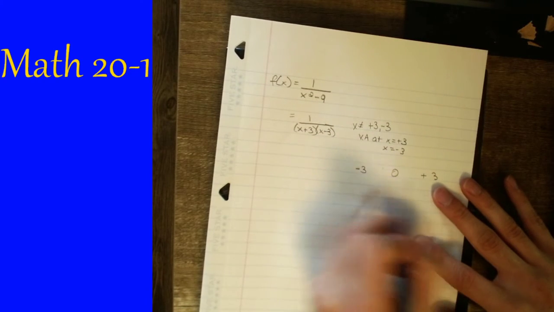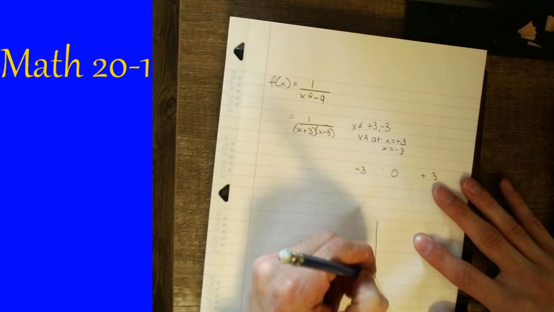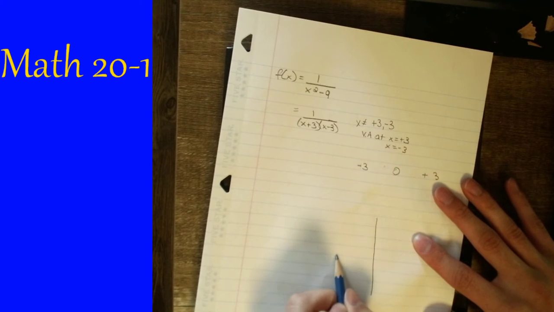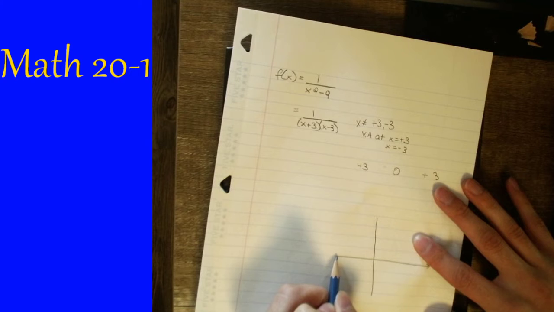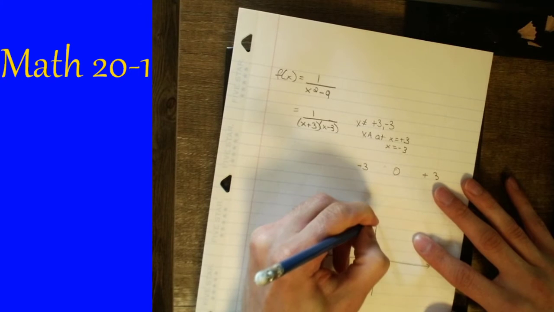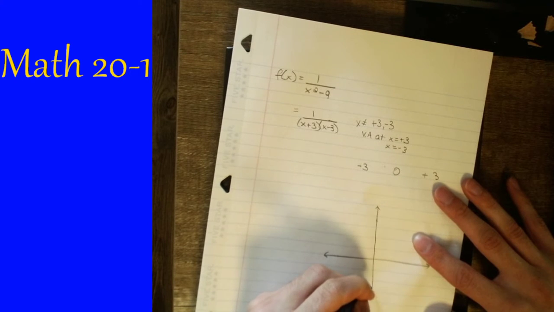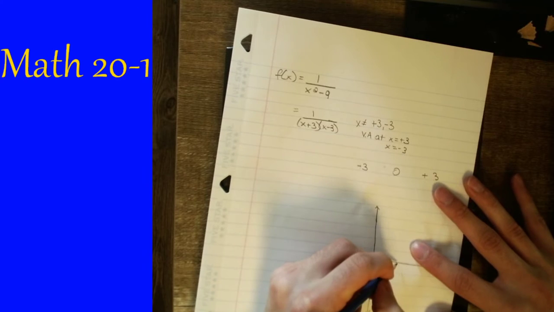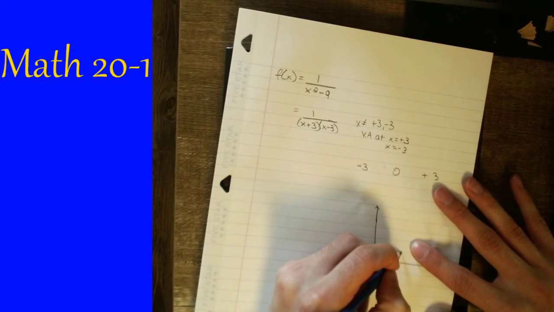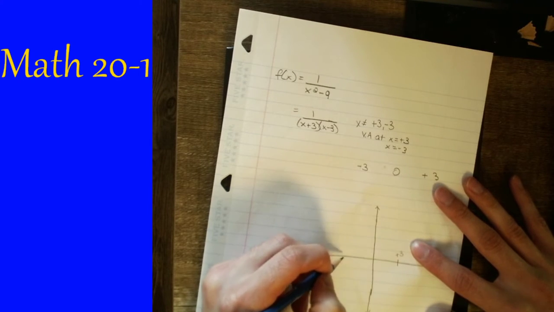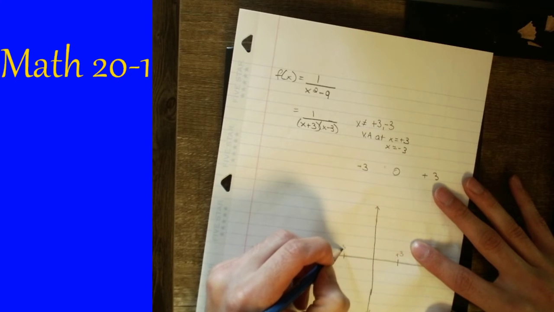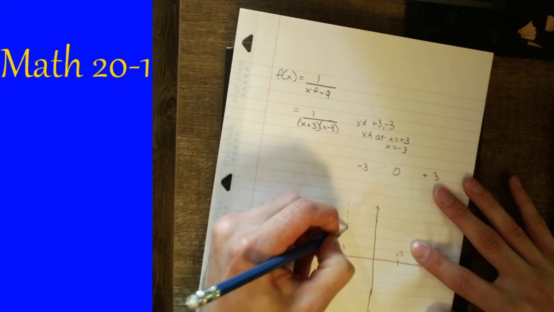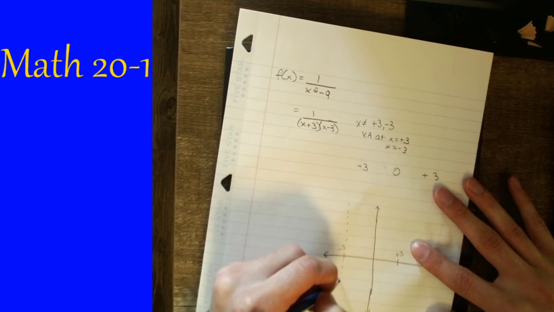So I'm going to look at those points. As I kind of think about them, I'll draw myself a very rough sketch of a graph here. I'll say, okay, here's positive 3. Here is negative 3. We have our asymptotes.